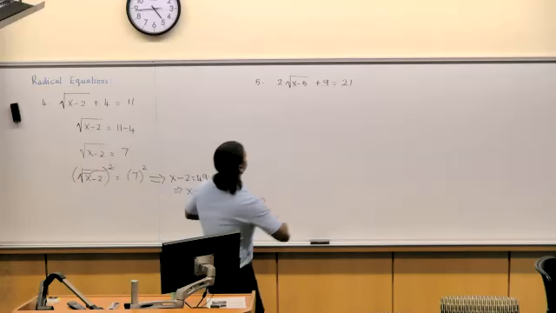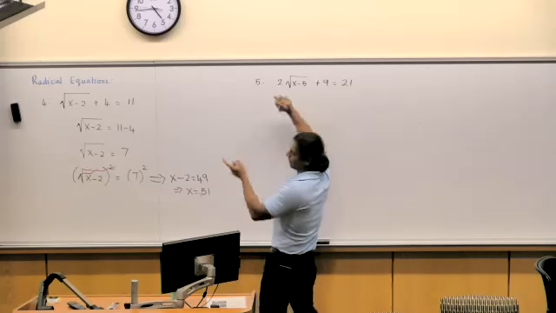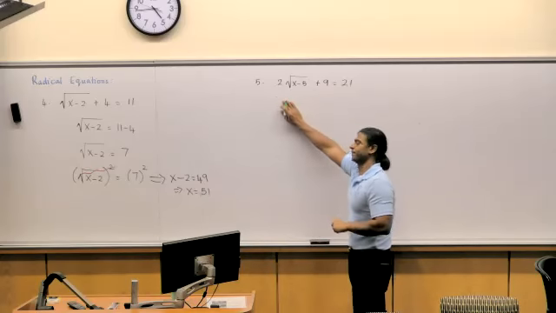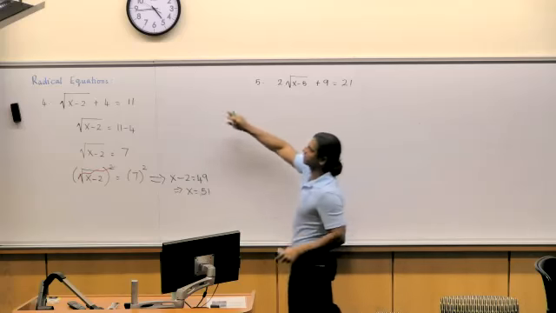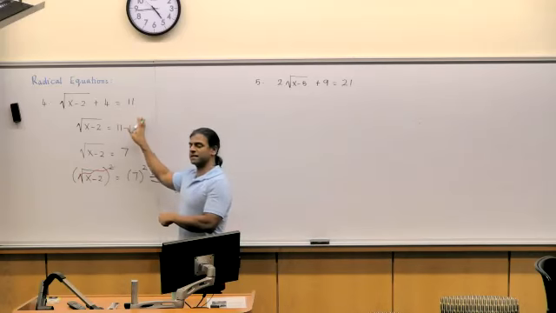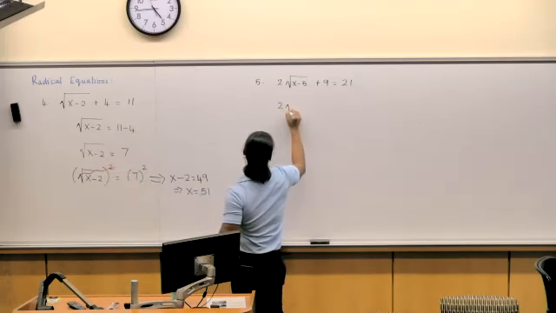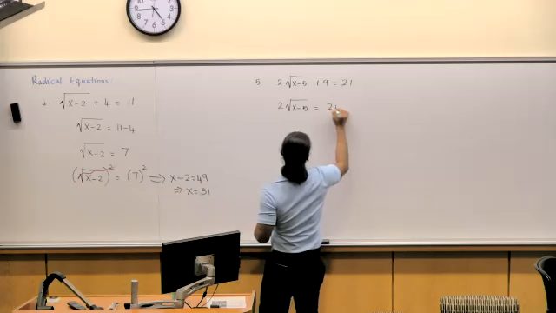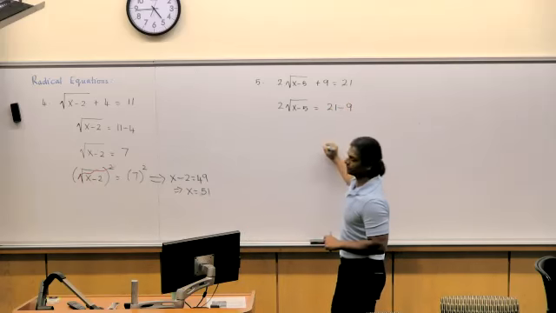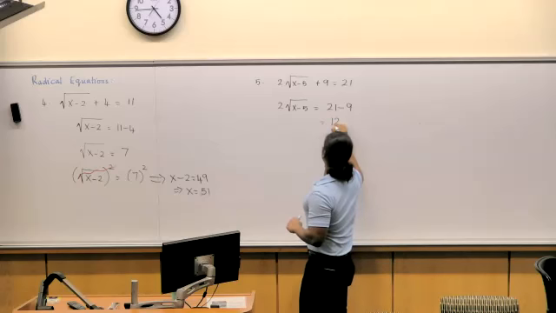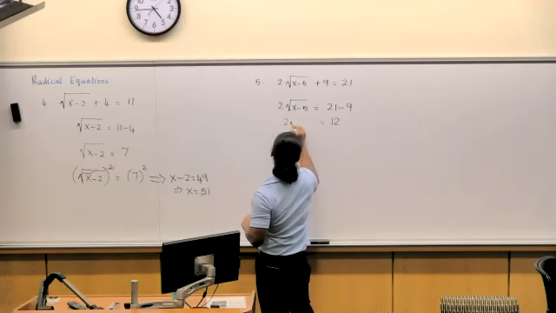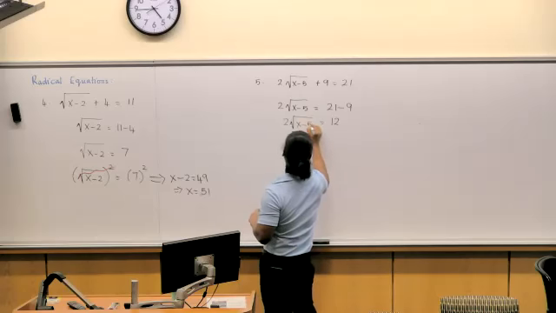The first step is to subtract 9 on both sides. You shouldn't square. The objective here is to have the number on one side and the root on the other. So 2 square root of x minus 5 equals 21 minus 9, 12.